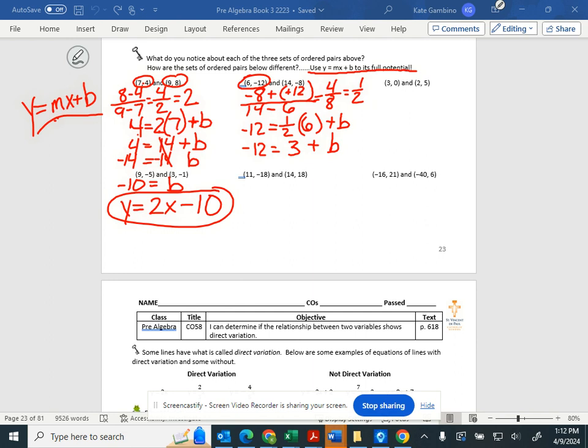Now we have to do opposite operation to get the b by itself. What do I have to do to get the b by itself, Matthew? I need to subtract 3 from both sides. 3 minus 3 is 0. Negative 12 minus 3 is what? Negative 15.